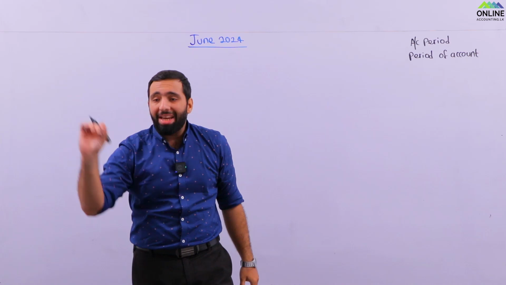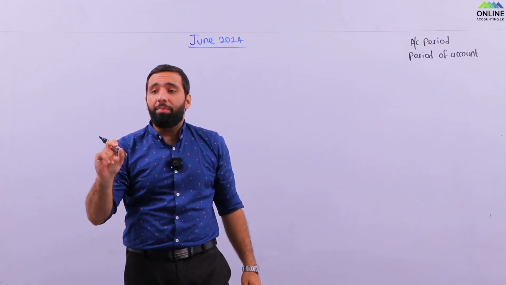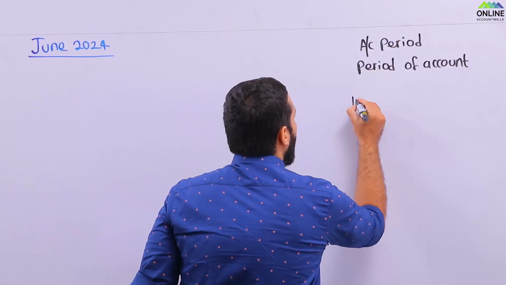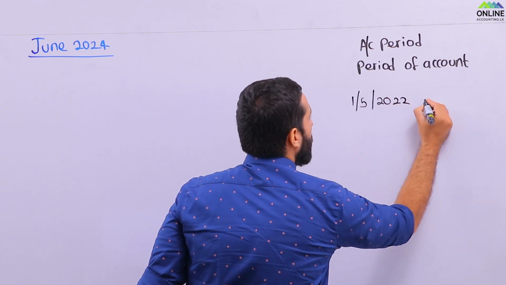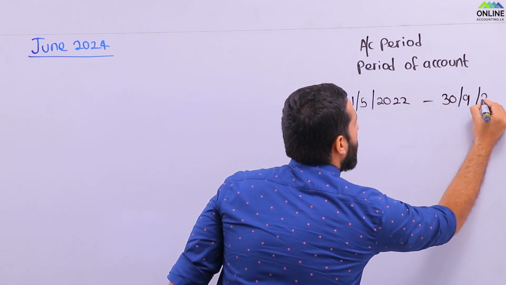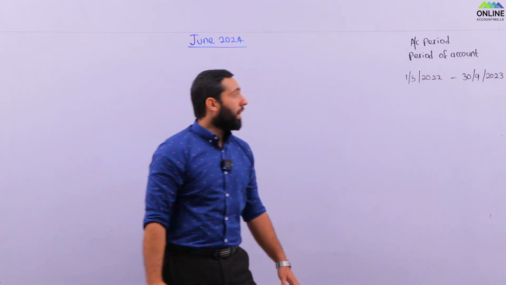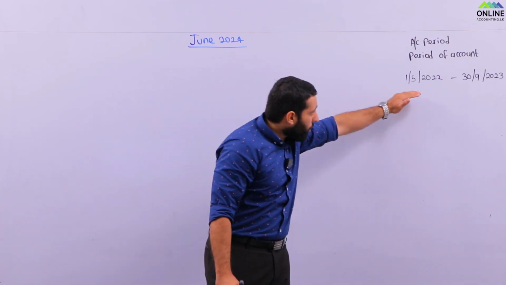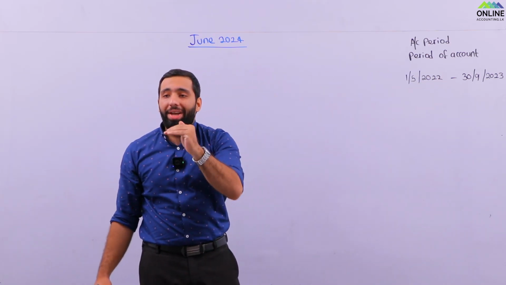So what are the periods here? Yes, very important. Where did they start their business? 1st May 2022 to 30th September 2023. So that is very important. This is the period that is mentioned here, 1st May 2022 to 30th September 2023.